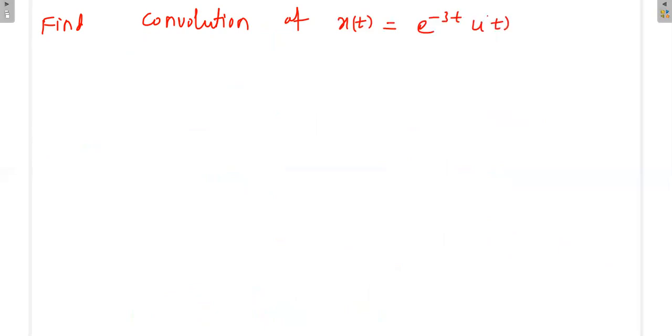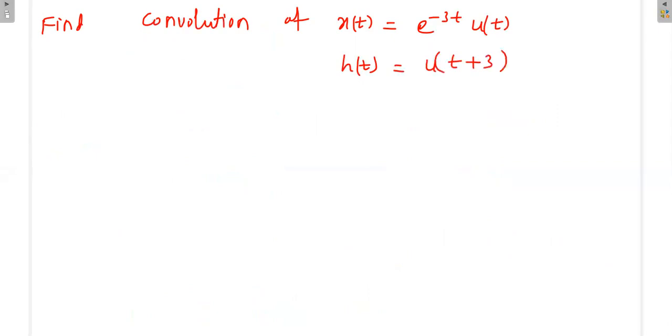Next question. Find the convolution of x of t is equal to e power minus 3t u of t and h of t is equal to u of t plus 3.